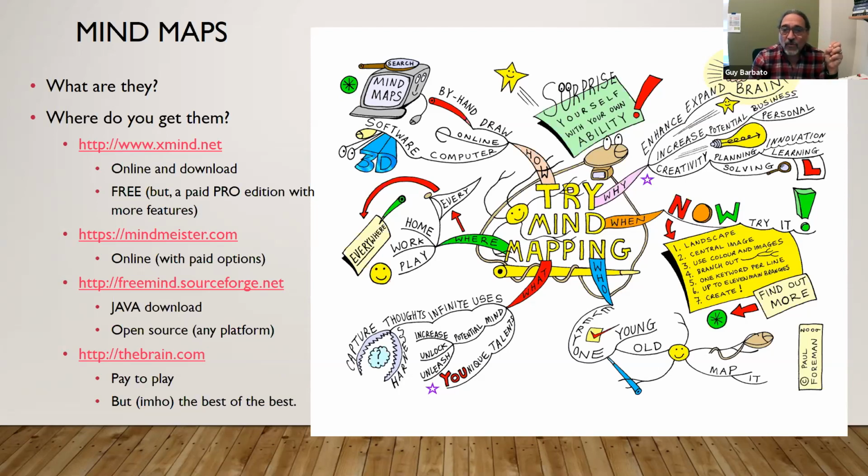Of course, one of the things that we're going to do today is talk about something called word clouds. Word clouds are another way of organizing and presenting, in a different context from mind maps, of actually analyzing information.